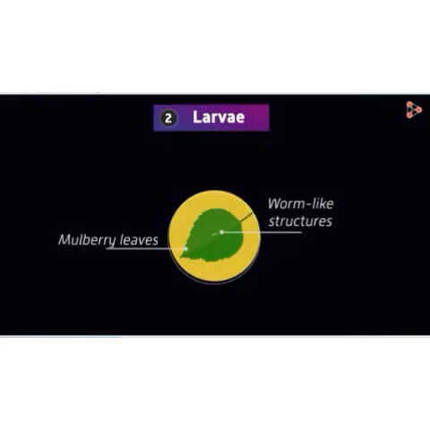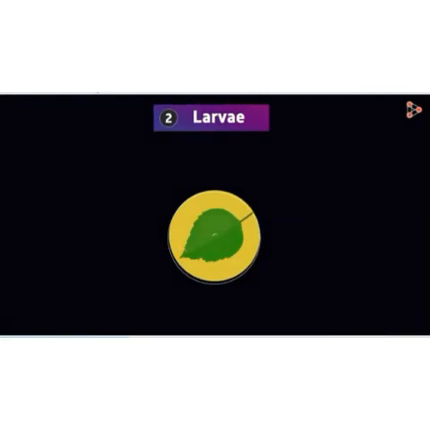The larvae grow in size by feeding themselves on the mulberry leaves. So students, the growth indeed is gradual. The growth stages of this larva are also given a scientific name. This stage is called instar.